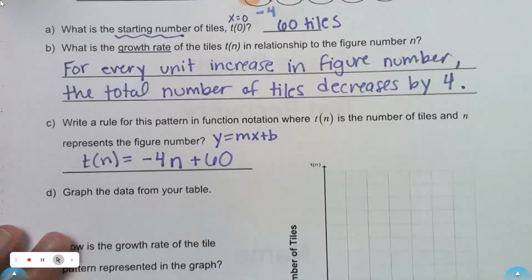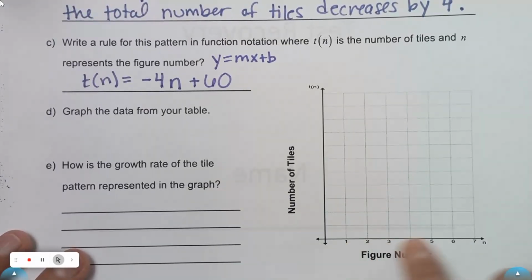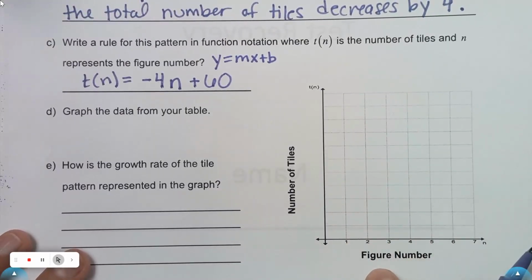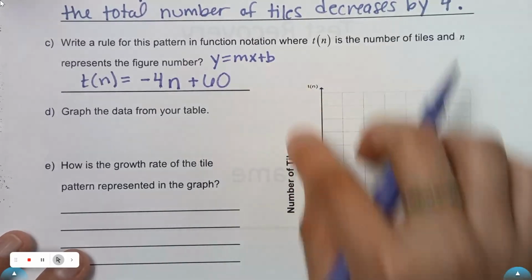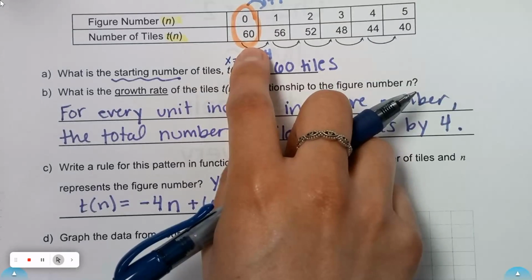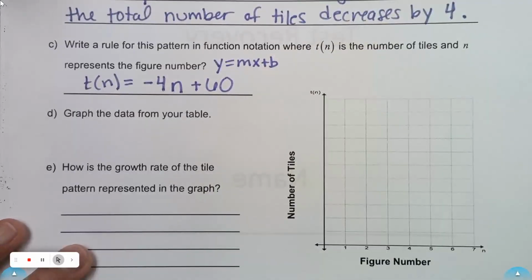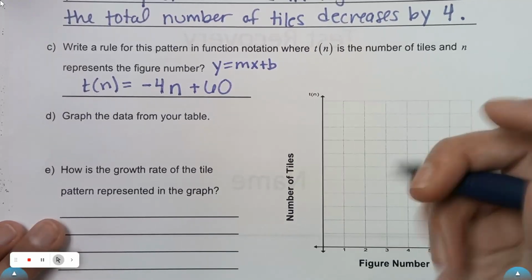All right, part D says graph the data from your table. So the x-axis already has numbers on it, and it's represented by my figure number. I just have to come up with the numbers for my y-axis, or my t of n, which is the number of tiles. I have to make sure that I go all the way up to 60. So you can try different numbers, but I think the best route here is to go up by 6.